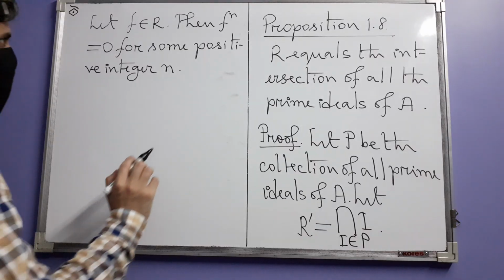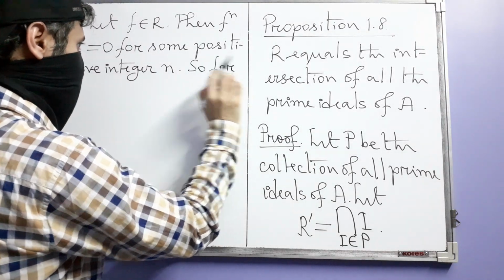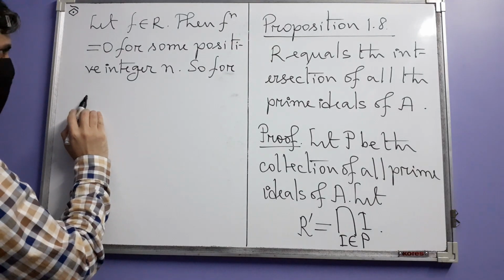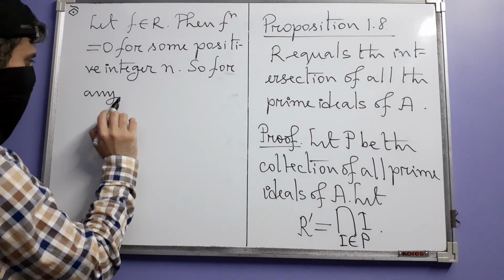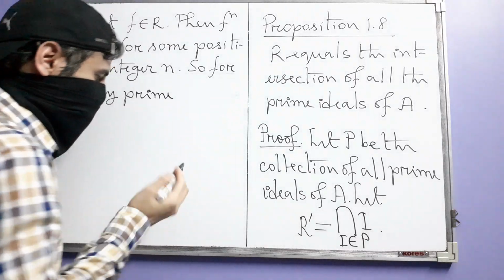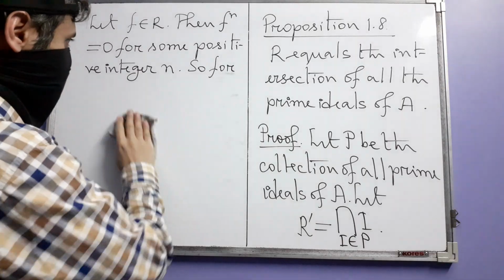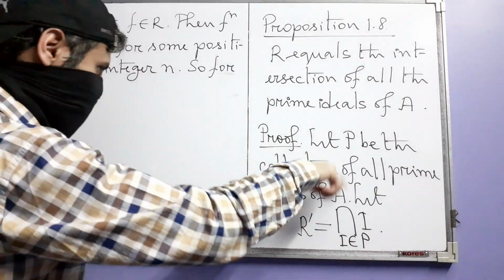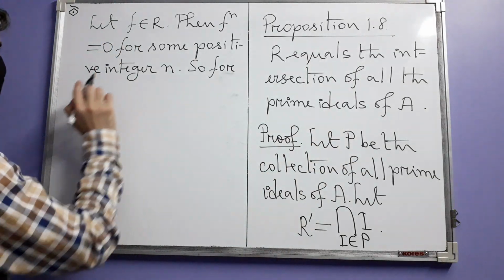Alright. So, for any prime ideal, yeah, this is the advantage. Why am I writing again? So far, this is the advantage of writing only some things in the beginning.